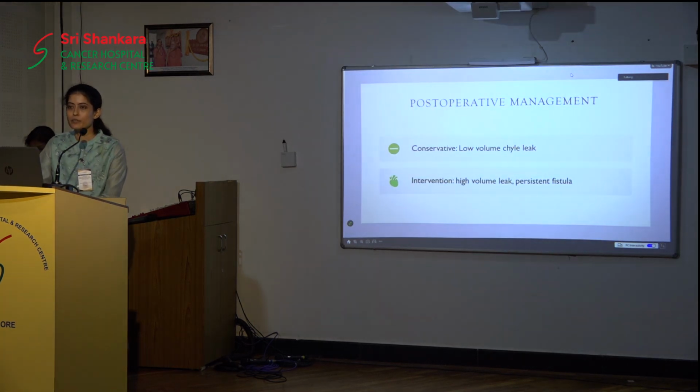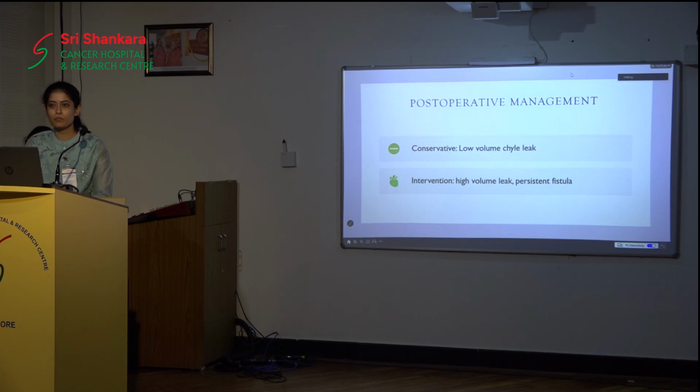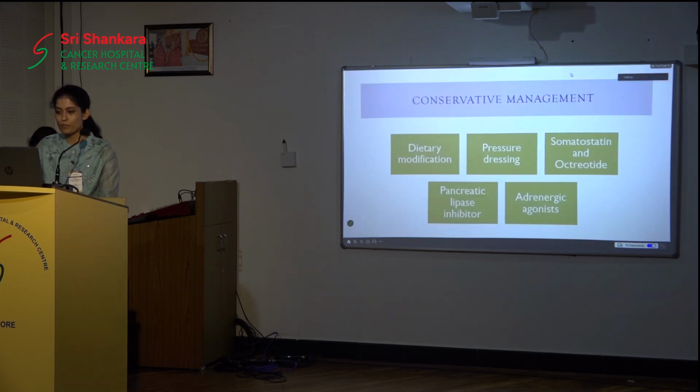Now coming to the management, as previously mentioned, depending upon the volume of chyle leak, low volume leaks are classically treated conservatively, and you need to intervene only when you have a high volume leak or there is a persistent fistula. Conservative management mainly centers around dietary modification, supraclavicular pressure, and various pharmacological agents.